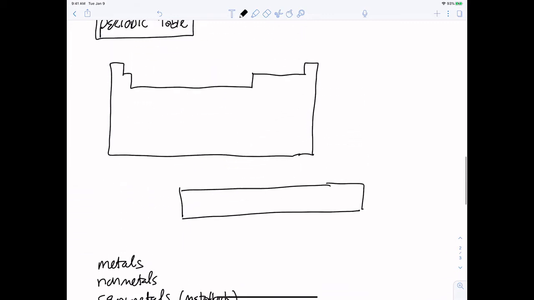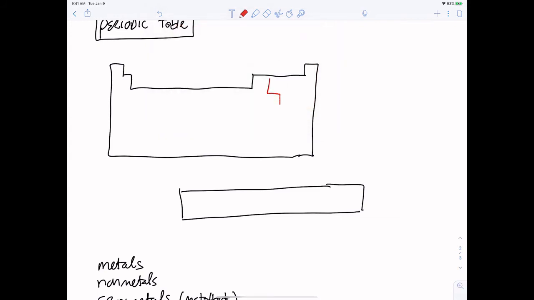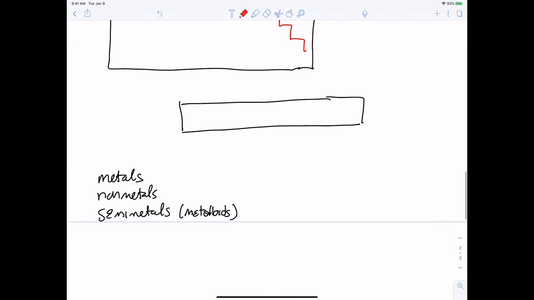So on our periodic table, there's a zigzag line that kind of goes through here. That's not proper placement. But our metals are going to be to the left of the zigzag line. That's what I call it anyway. It goes by many names.